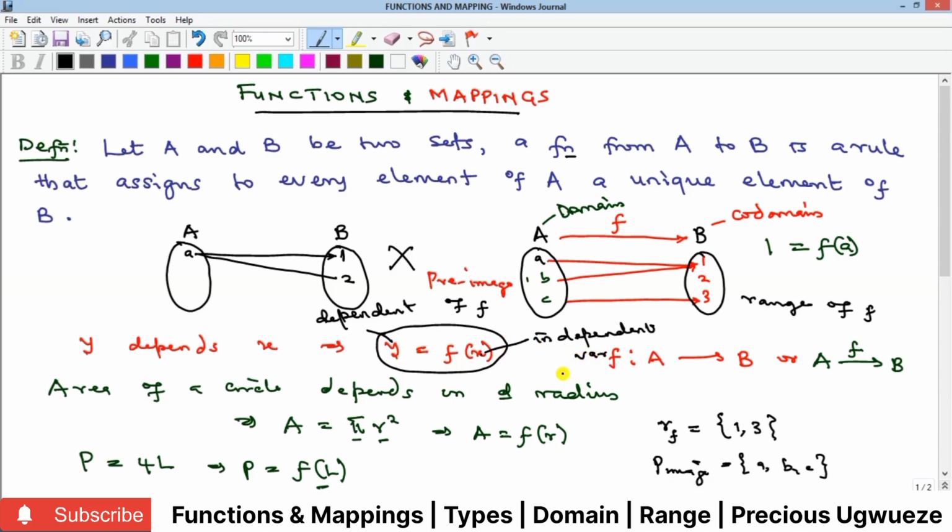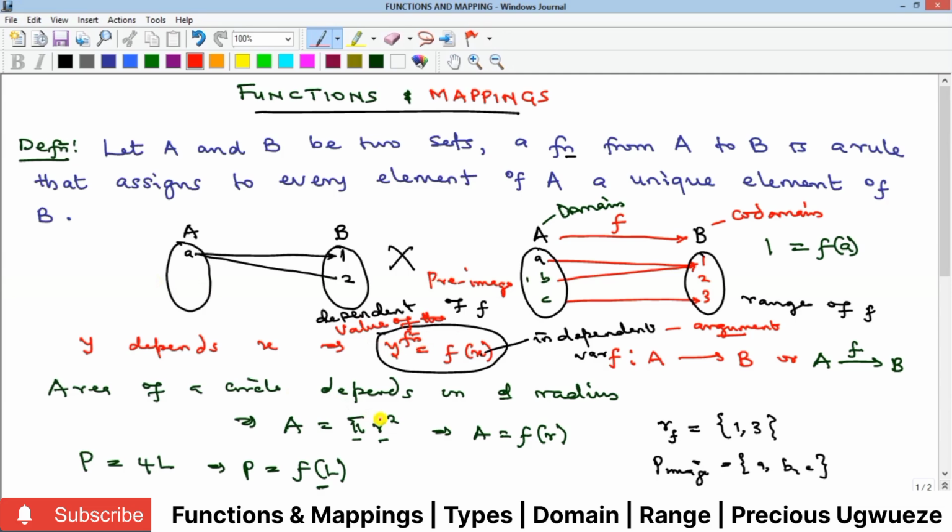Y depends on it. The dependent variable is also called the value of the function, while the independent variable is also called the argument. From the names, you can always see the meaning. Argument means it argues the value of the dependent variable. It tells you what the value should be. Value means the value of the function you have defined.